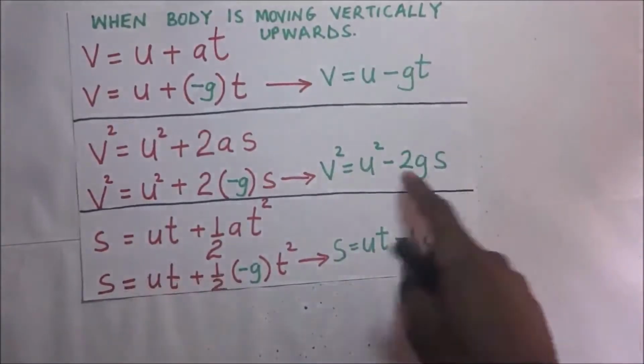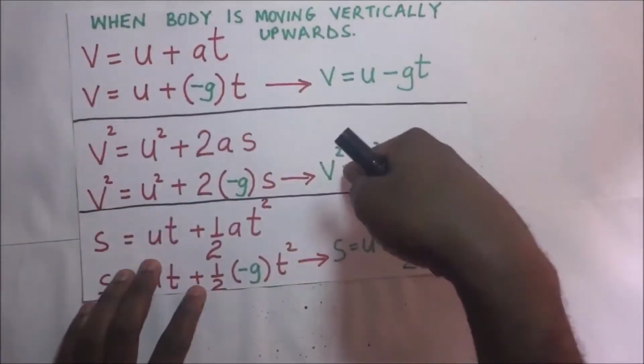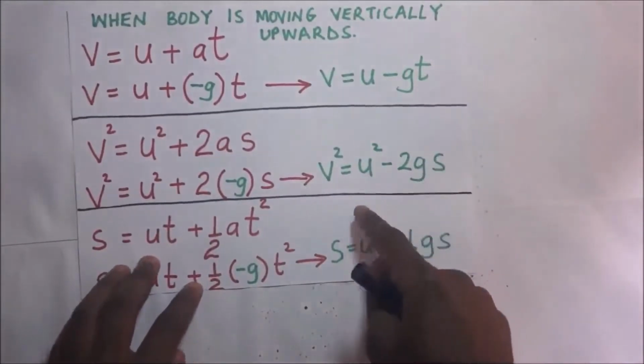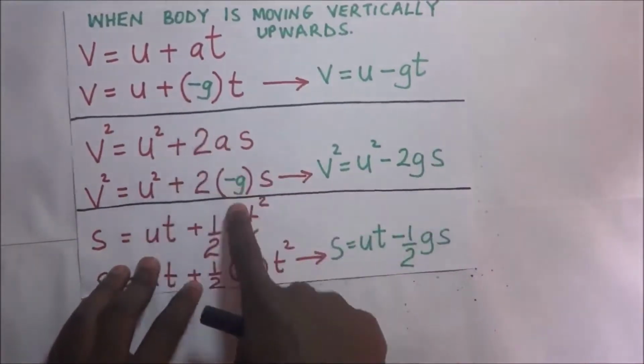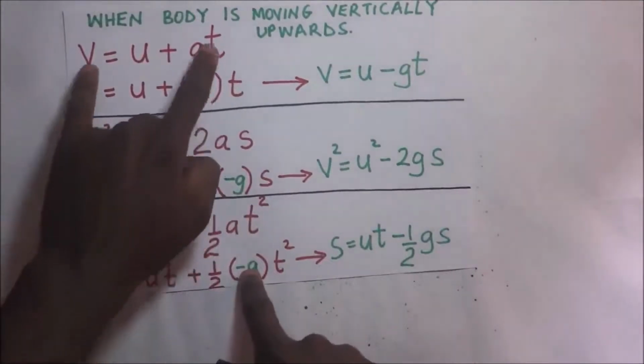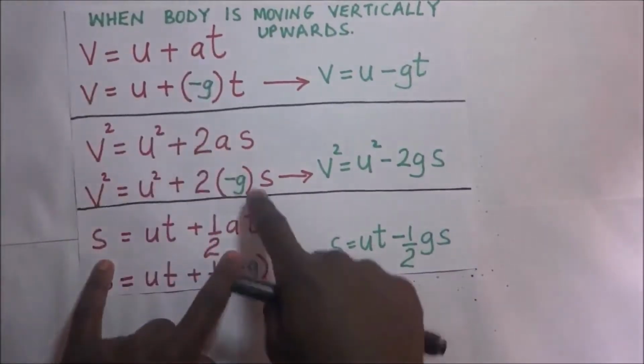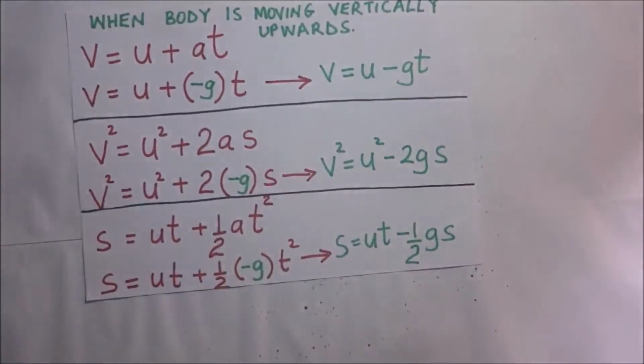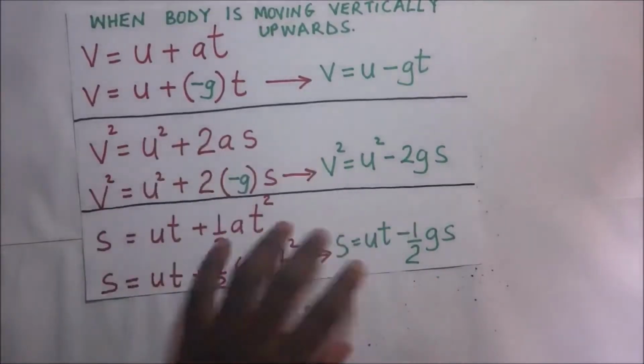And of course, if the body is moving vertically downwards towards the center of the earth, the value of g will be positive, and so these equations remain the way they are, only that the place of acceleration is taken by g, meaning acceleration due to gravity. So we are going to do some worked examples to illustrate how these work.